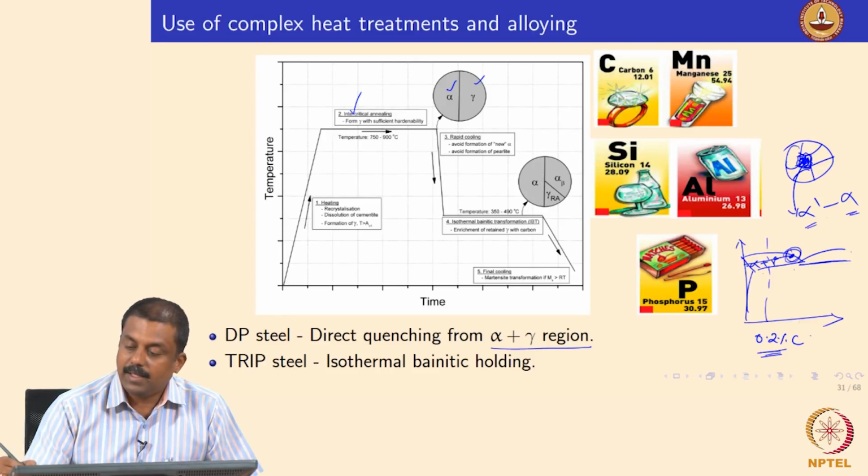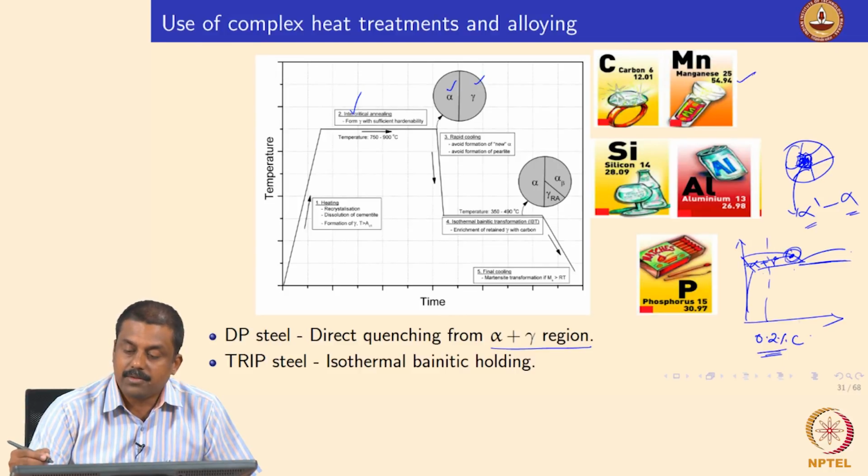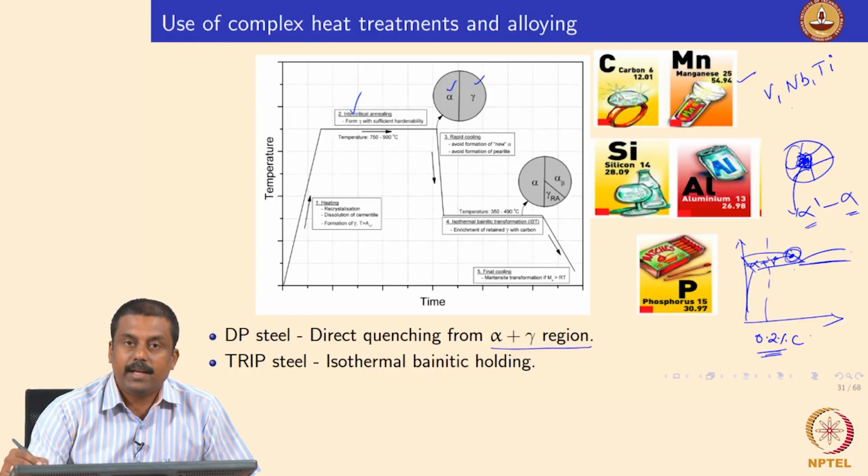Apart from the carbon effect, we also add other alloying elements, for example manganese, to increase the solid solution strengthening of ferrite as well as the martensite. Sometimes we also add microalloying additions, for example vanadium, niobium and titanium. These alloying additions combine with carbon and nitrogen to form vanadium, niobium and titanium carbonitrides.